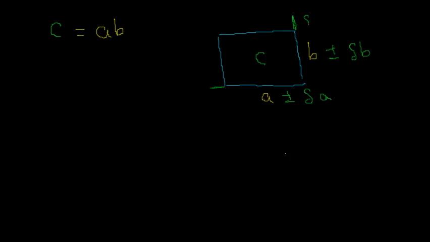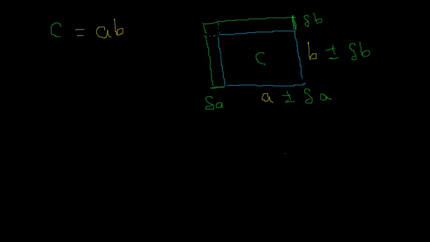That's the length of my delta B, and that's the length of my delta A. So let's draw the corresponding area. The corresponding area would be this. I'm just going to draw a dotted line here.